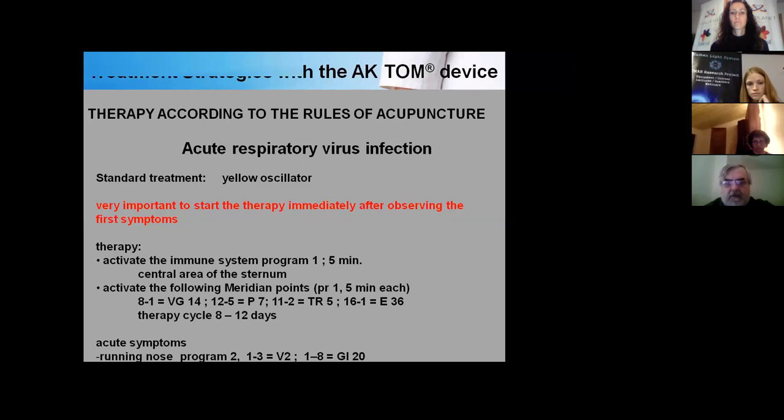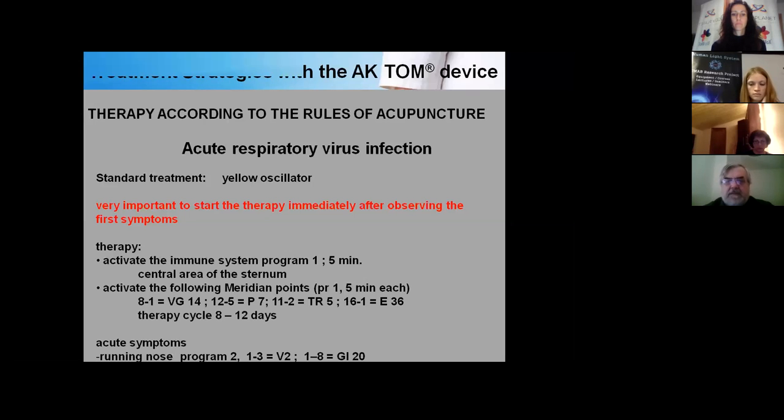As I told before, it makes sense in this case to activate the immune system with program 1, 5 minutes to the central area of the sternum. This is helpful in all cases when you are supporting therapy with an activated immune system.